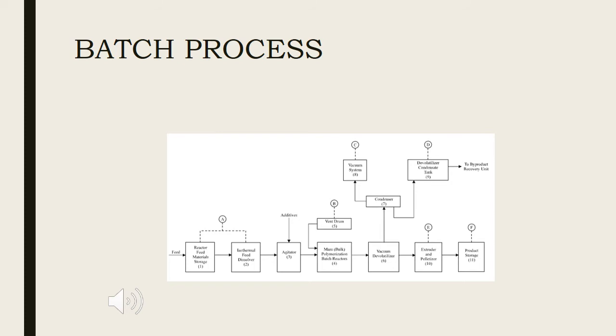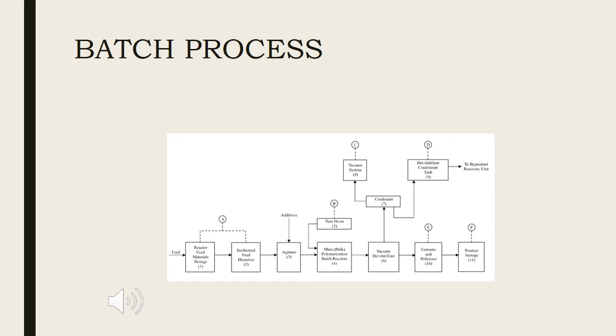A typical plant will have multiple process trains, each usually capable of producing a variety of grades of polystyrene. The figure in the slide is a schematic representation of the polystyrene batch bulk polymerization process, and numbered steps refer to that figure.